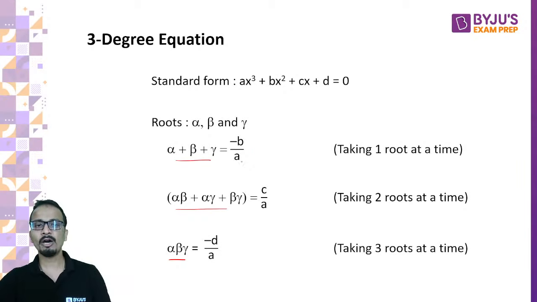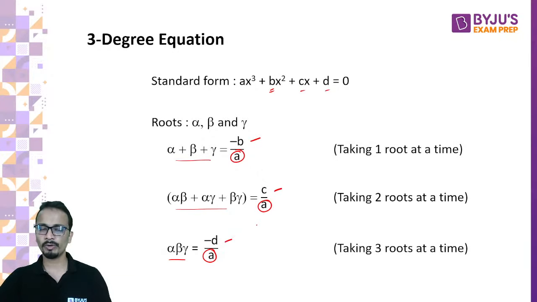In the denominator, A is always there. In the numerator, starting from the second coefficient, we have B, C and D in the same sequence. Talking about negative and positive signs, starting with a negative sign, I have alternate negative, positive, negative, positive and so on.